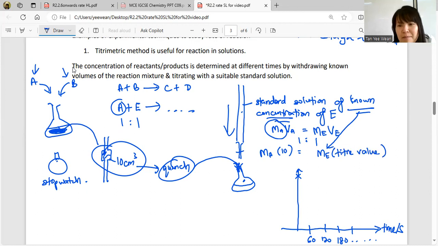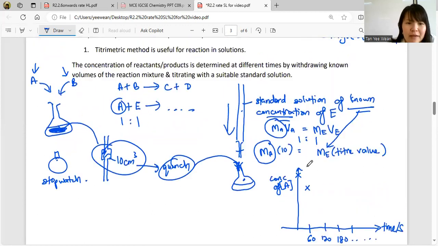Okay, so since I have the M and the V of E, and then I have the V of A, I can calculate the M of A, and that shall be what I'm going to plot here, the concentration of A. All right, put square bracket. So square bracket always means concentration. Okay, then what do I do next?